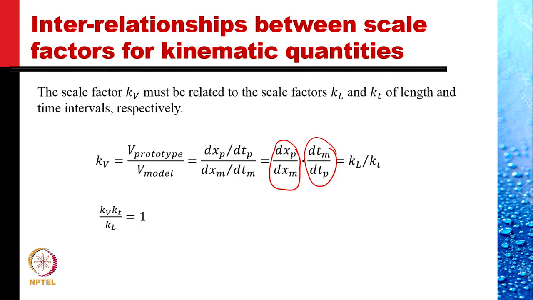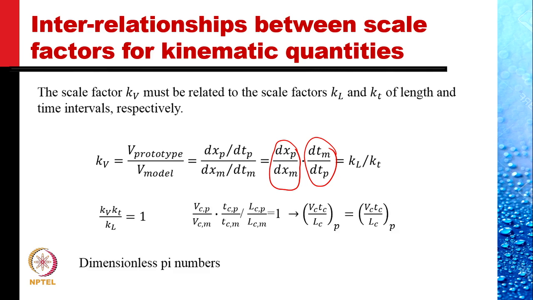Kv into Kt divided by Kl is equal to 1. Now, Kv is Vp by Vm, Kt is Tp by Tm, divided by Kl, which is Lp by Lm. And that should be 1.